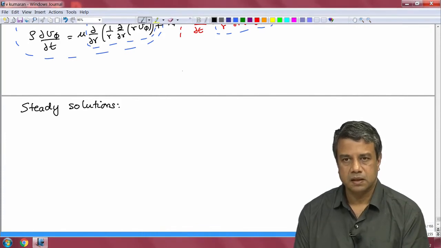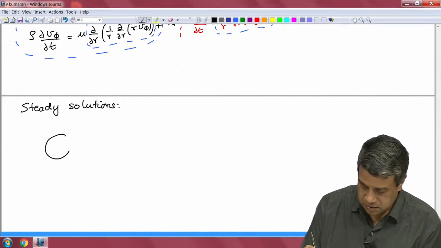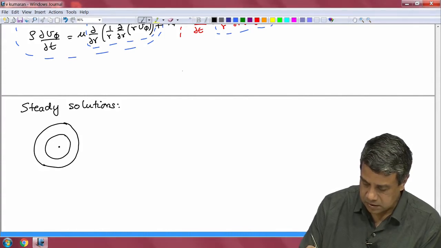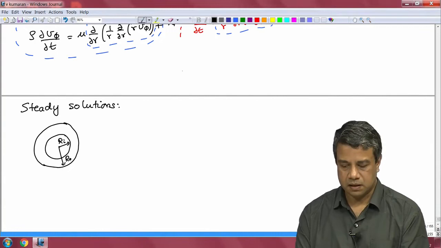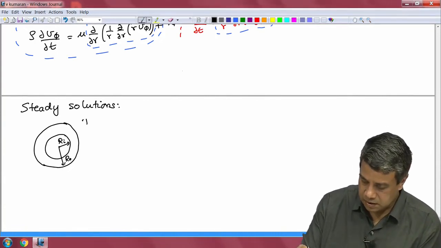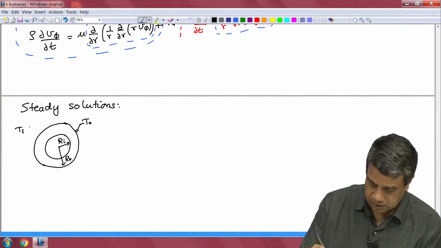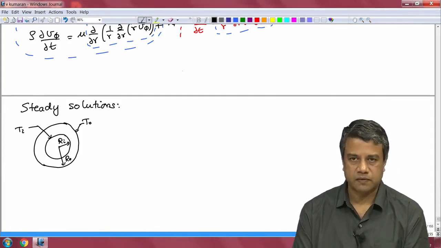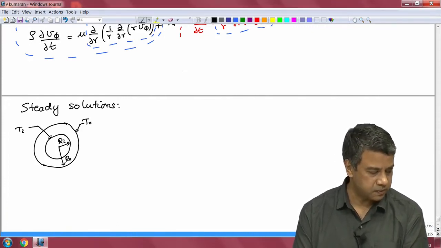The simplest problem that we can consider is the heat conduction in an annulus between two cylinders, of inner radius r I, outer radius r O, with temperature T O on the outer surface and temperature T I on the inner surface. This is like heat transfer from a pipe, for example, a pipe of finite thickness, inner radius r I and outer radius r O.